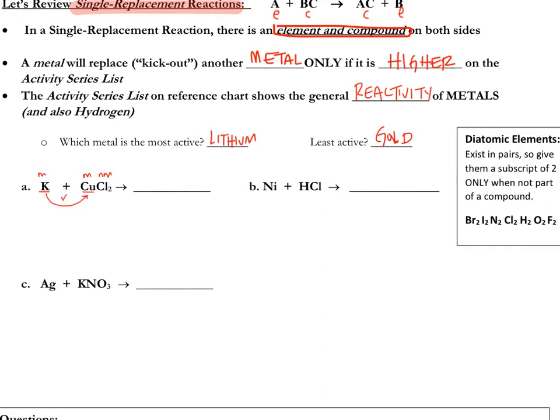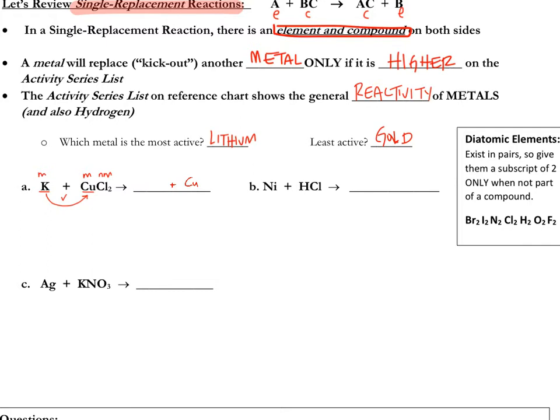So because I've got an ionic compound formed here, I need to figure out what the new formula is going to look like using the crisscross method. So one thing that I do know is that potassium is going to kick out, to replace copper. So I know that copper is going to be by itself. Okay, so I can go ahead and write copper in there.